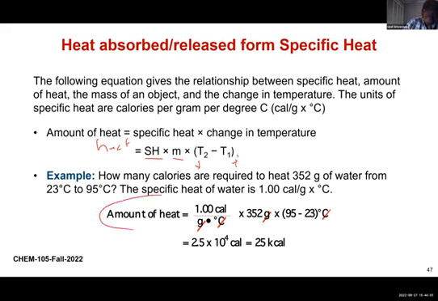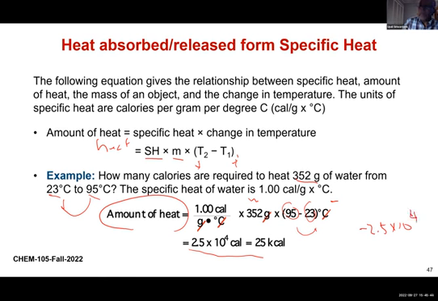So what is the amount of heat absorbed by 32 grams of water by increasing the temperature from 23 initial to the final? That's the mass. Water is 1 calorie per gram per degree Celsius. If the temperature goes down, this quantity is negative. So if it goes from 95 to 23, this amount of heat is called negative heat.